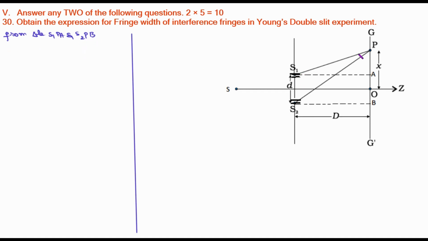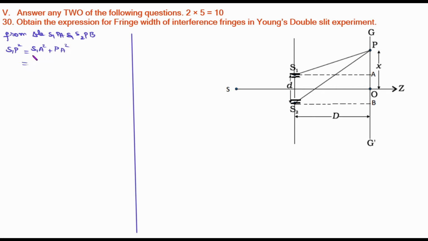S1P square is equal to S1A square plus PA square.